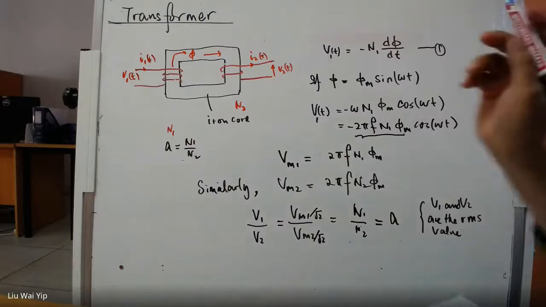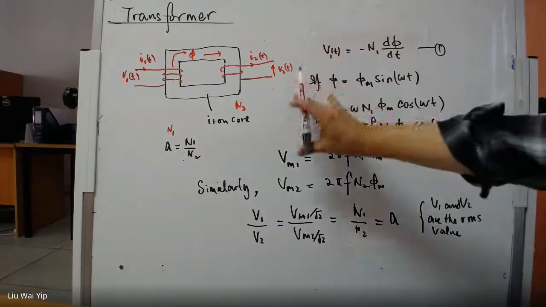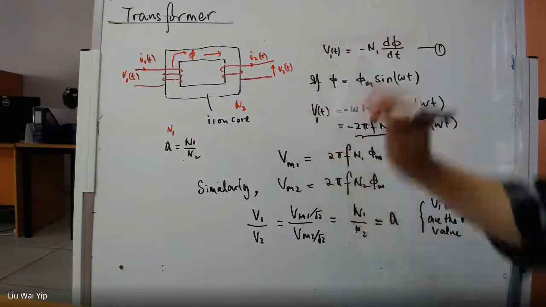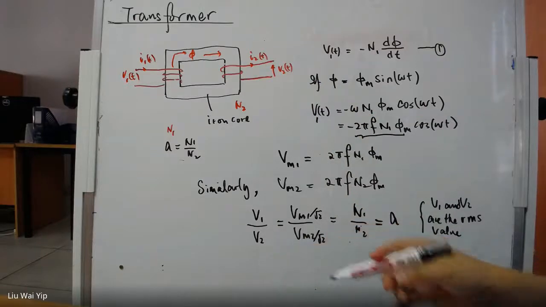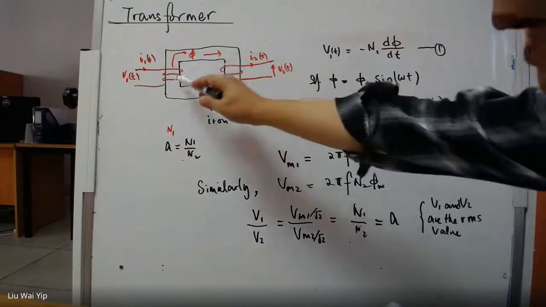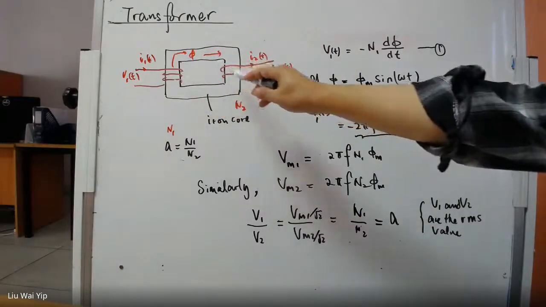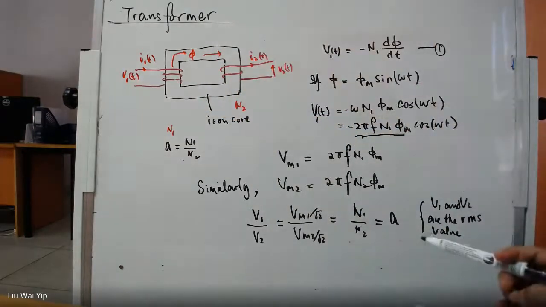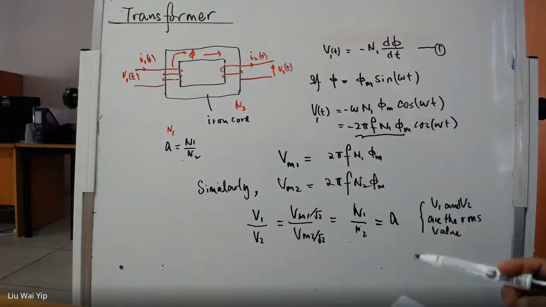But now, hang on a minute. For an ideal transformer, the power in should be exactly equal to the power out. The power in the primary should be exactly the same as the power in the secondary, given that there is no power loss.